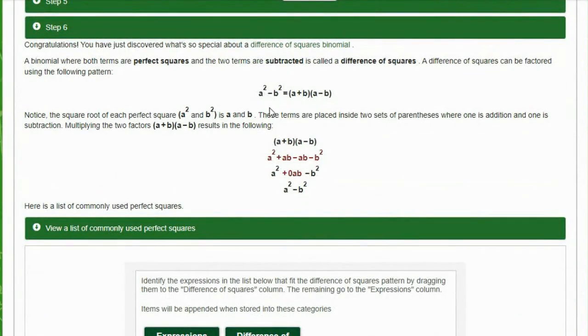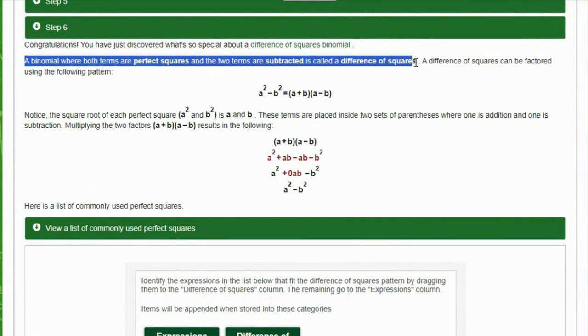So a binomial whose both terms are perfect squares and they're being subtracted is called a difference of squares, which means if it's a squared minus b squared, it's just a plus b times a minus b. Just take the square roots of those two things. A squared minus b squared.